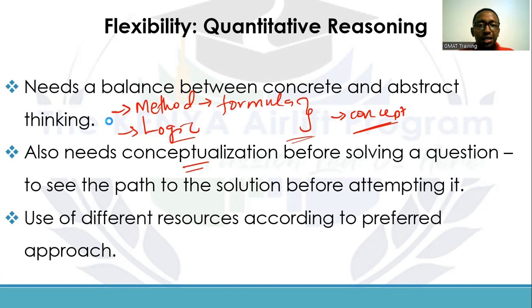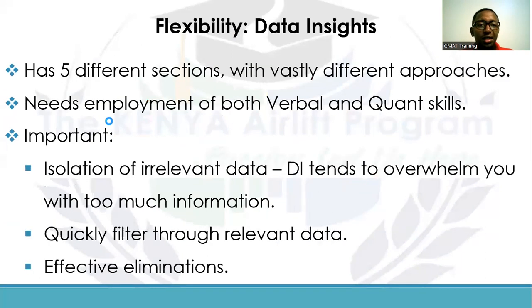And then our last section is data insights. So this now gets tricky because when you look at quant, it has only one question type, that is problem solving. When you look at verbal, it has two: critical reasoning and reading comprehension. But data insights has 5 different sections which are completely different.